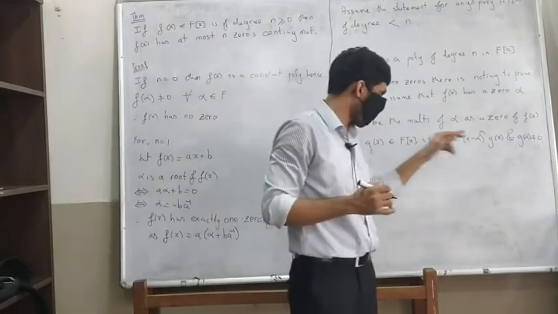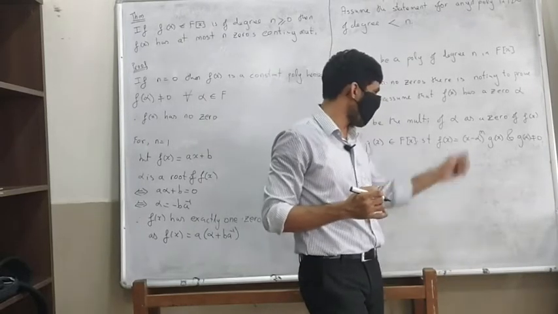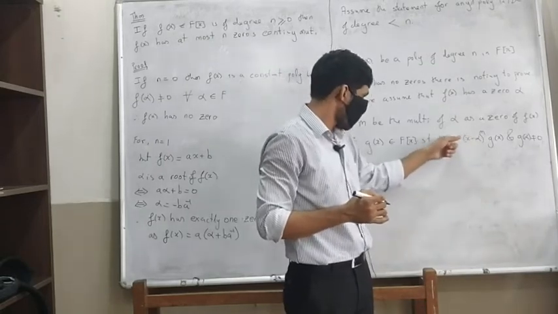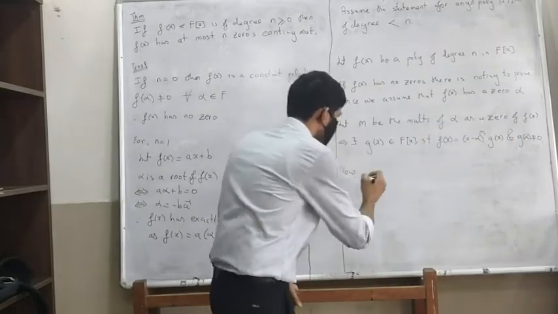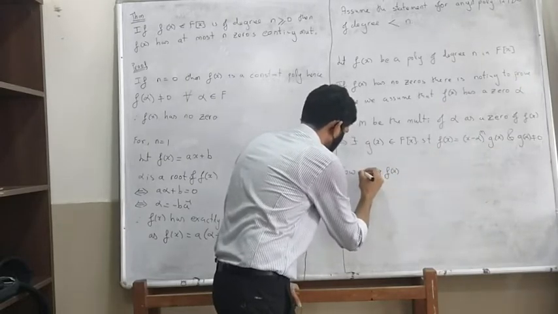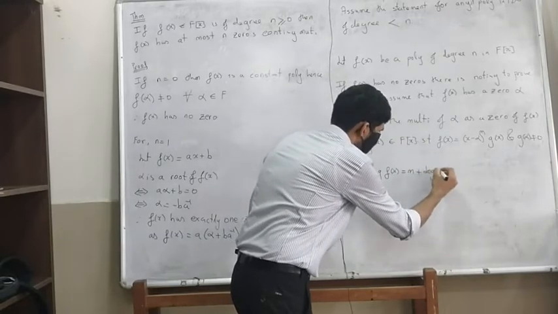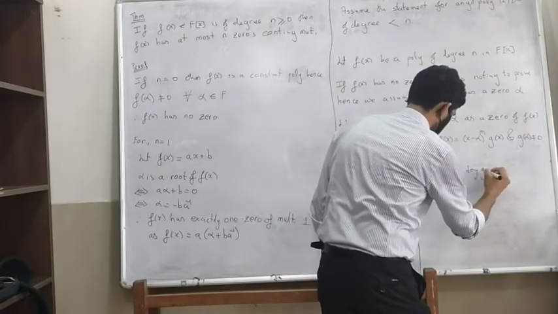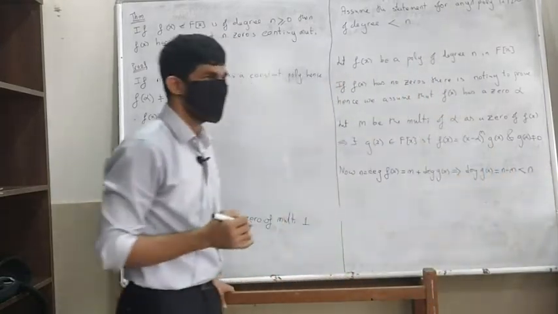We are working in a field, so the degree of f, which is n, will be equal to m plus the degree of g of x, which means that the degree of g of x is n minus m, which is strictly less than n.